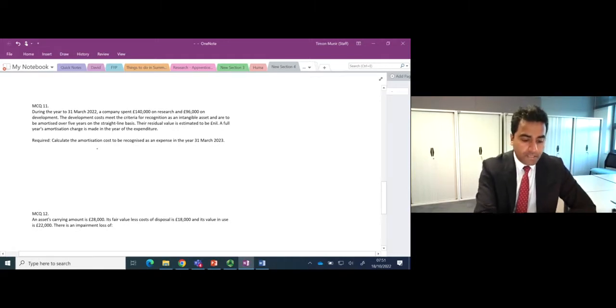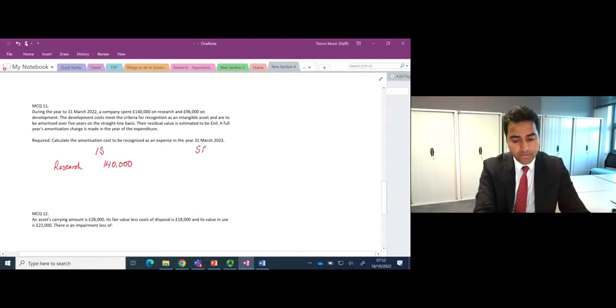So in our income statement, we will be recording research cost as an expense, and that is 140,000. And the development cost will be capitalized. As it is mentioned in the question, it meets the criteria of recognition.